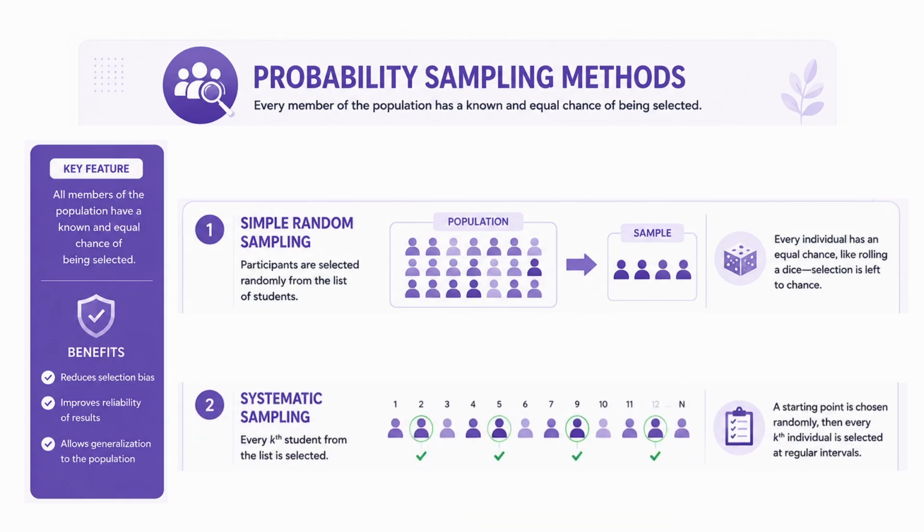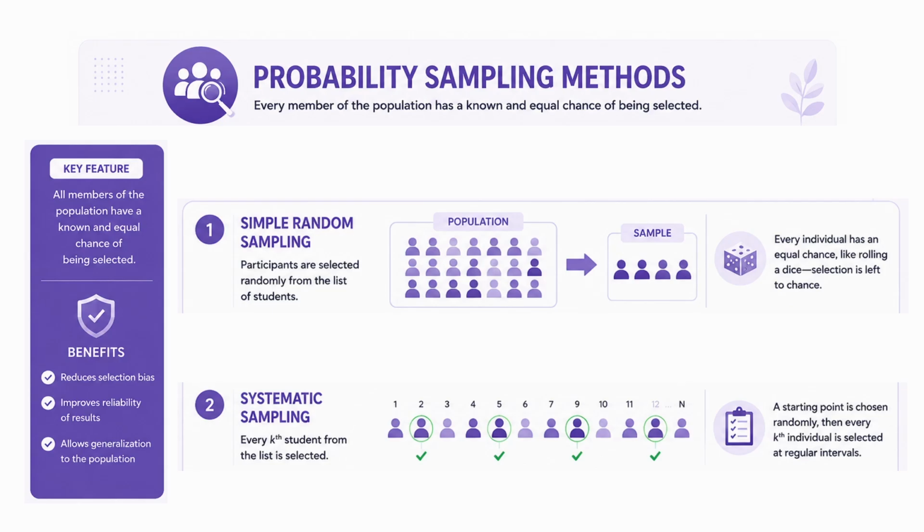Systematic sampling can be applied in a homogeneous population. We identify the sampling interval. Say there are 200 students in total, and we need to select 20 students from these 200.